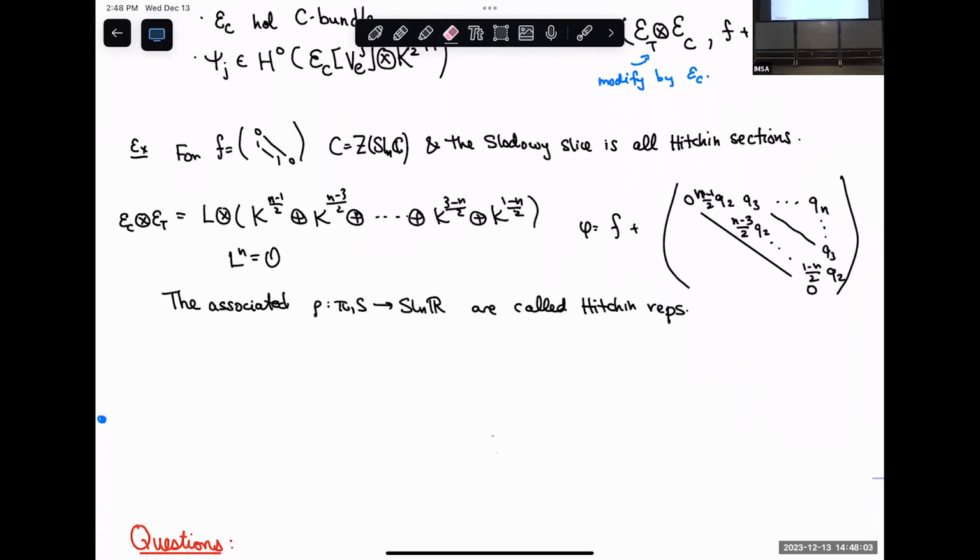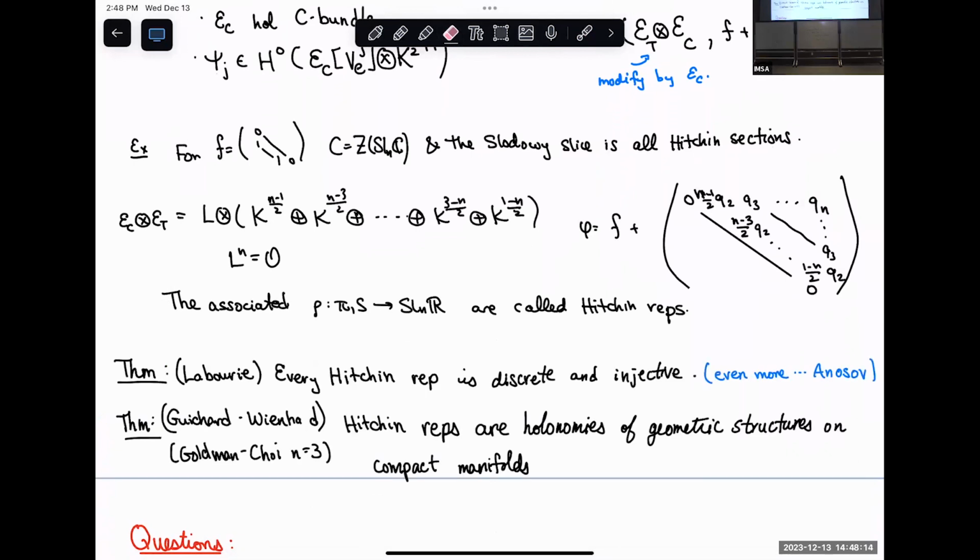This is a great construction and tells me about this interesting set in the character variety, but it doesn't tell me much or anything really about the geometry of the representations in these components. So then Francois Labourie developed this notion of Anosov representations in order to answer this question: what are the geometric properties of this class of representations?